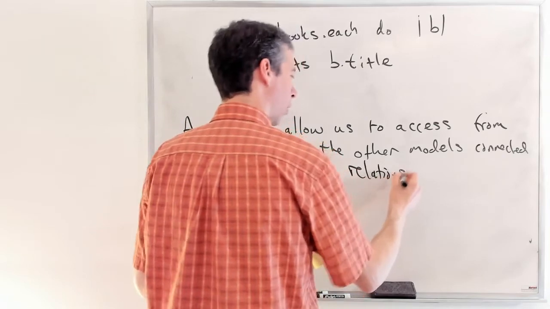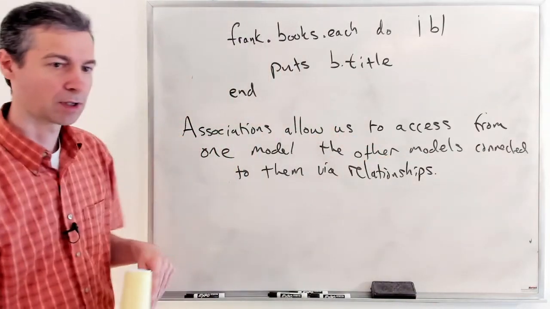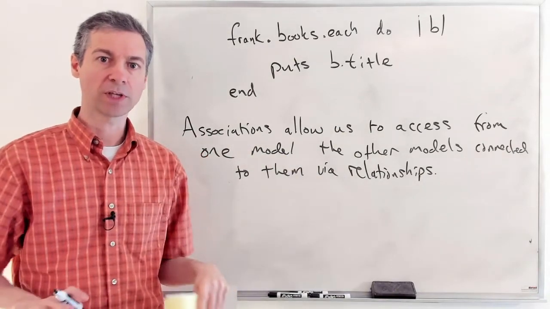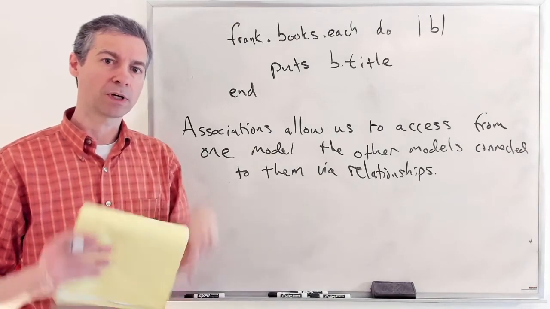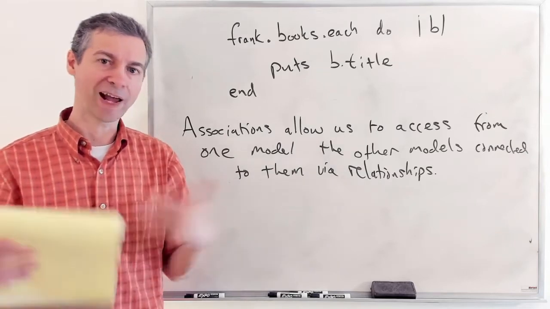So the relationships exist in the database. Our models go on to the entities in the database. The associations are to be able to tell our models who they're basically connected to and how they're connected in our database.